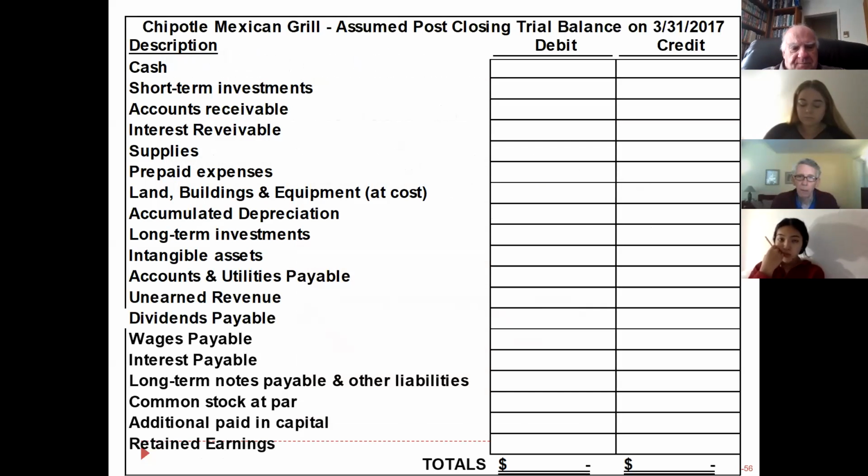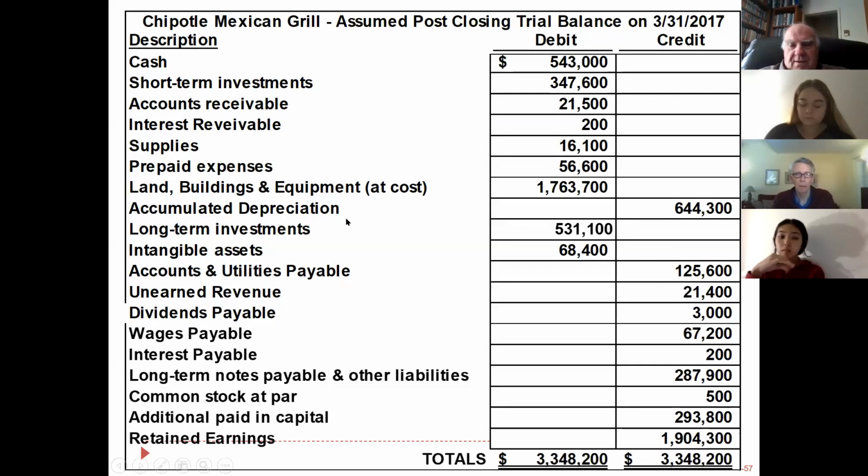So here we go. Here is the post-closing trial balance before they put any numbers in. Notice that it stops with retained earnings. And there you go. At the end of the month, after we post all of the closing entries, but before we open up for business the next day, you have a trial balance with no revenues and expenses.